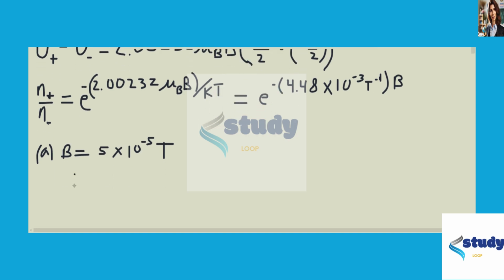Our ratio, the number of positive to negative spin atoms, comes from plugging our value of B into the expression up here. So we just plug B into this expression, and we find that this is equal to 0.9999. It's almost a 1 ratio in a small magnetic field.